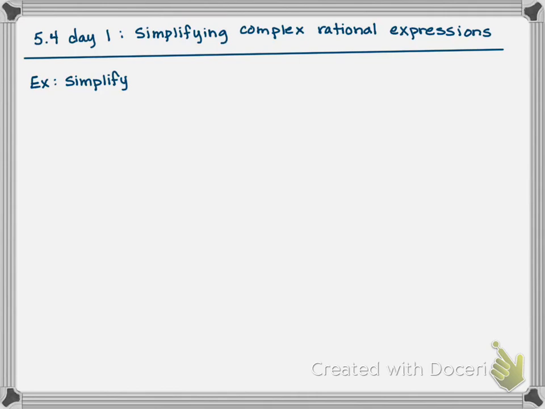There it is. Okay. So we'll do 1/4 minus 1/3 over 3/5 plus 4.